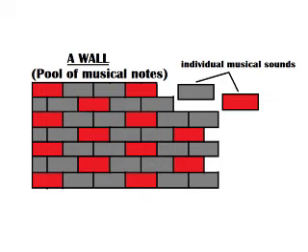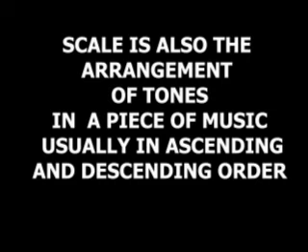So in music, those blocks are musical sounds that form the melody, which is the wall. A block on its own won't make a building. A block on its own won't even make sense. But if you put blocks together and cement them together, it forms a wall. So when you put musical sounds together, they form a melody.